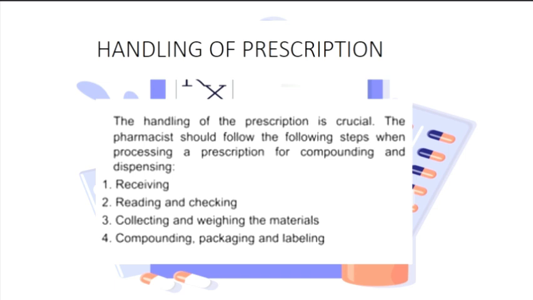Next is collecting and weighing the material. You should collect the material and keep it on the left side, that is, you take the medicine from the shelf and keep it at the left side, then in the middle you keep a weighing machine, and at the right side the weighed material should be placed.